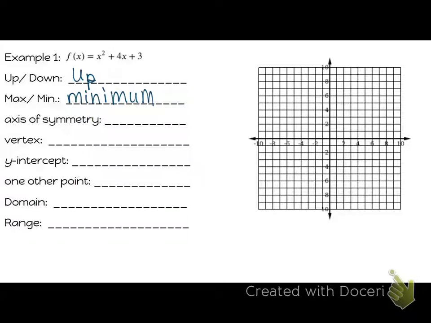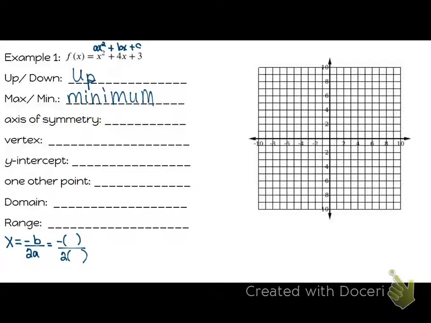So now we're ready to find the axis of symmetry. You guys told me that the equation is going to be x equals negative b divided by 2a. Okay? So I go back to my quadratic function, and I look to see what I substitute for b. So what do I substitute for b? 4 would be for b, and then for a, it would be 1. Good.